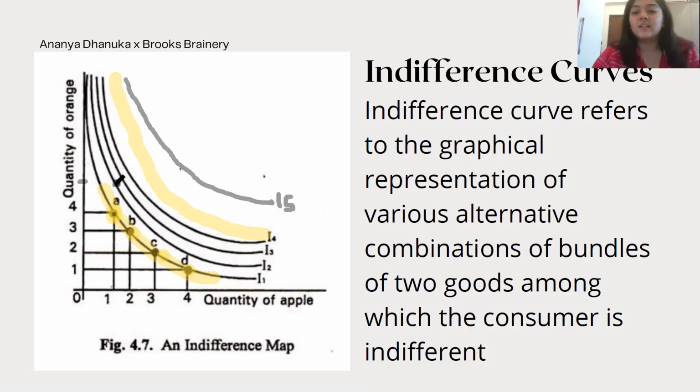Let's not go into what a Pareto superior allocation is, but essentially it means that you're better off without any other component being worse off. So on average, this is a better position to be in than this. Everything is increased and your satisfaction has also increased. So all points on indifference curve 2 provide a greater level of satisfaction than indifference curve 1.